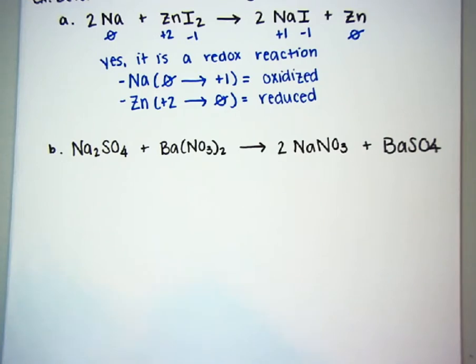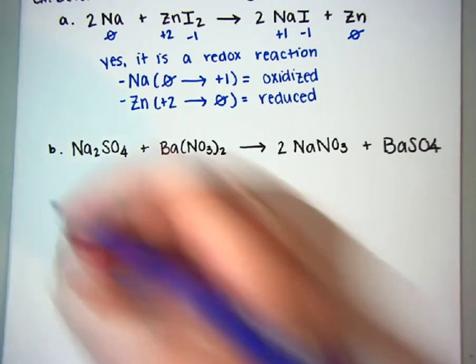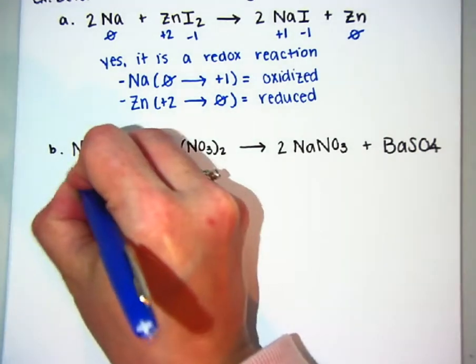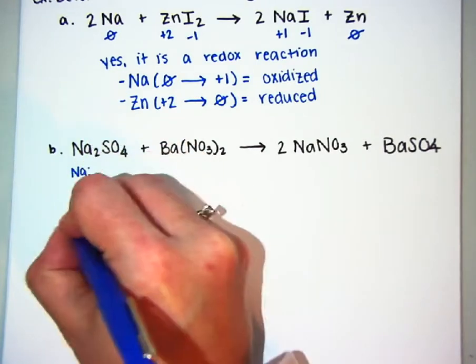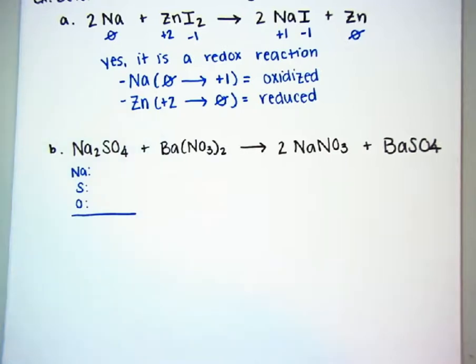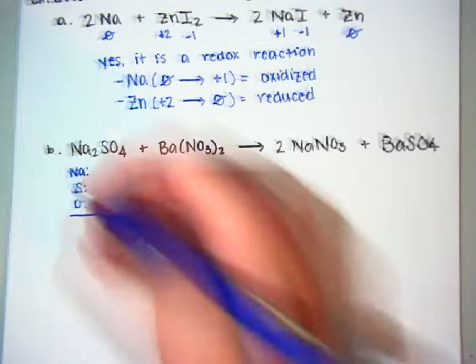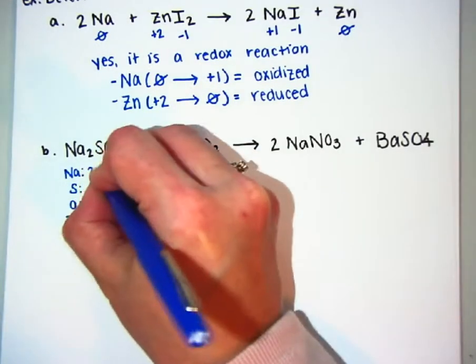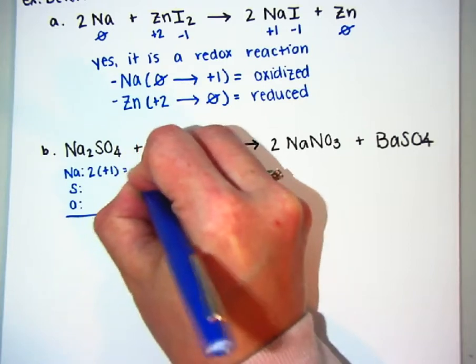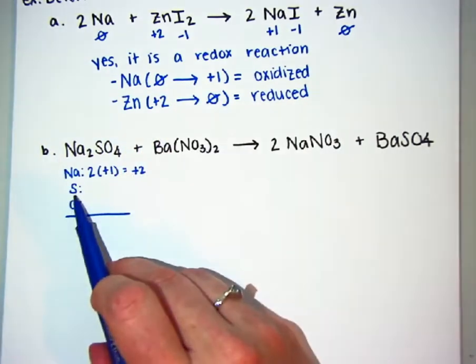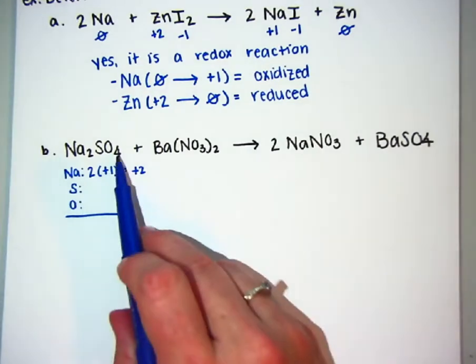This one's going to be a little bit more involved, so I'm going to write out how I solve for the oxidation numbers. So we need to look at the formula. I have 2 sodiums. Sodium is a group 1 metal. Group 1 metals have an oxidation number of positive 1. I don't have a rule for sulfur, so I'm going to skip it for now.